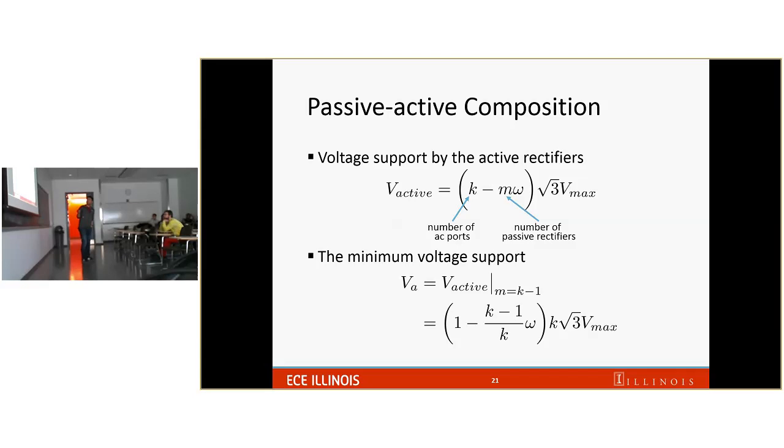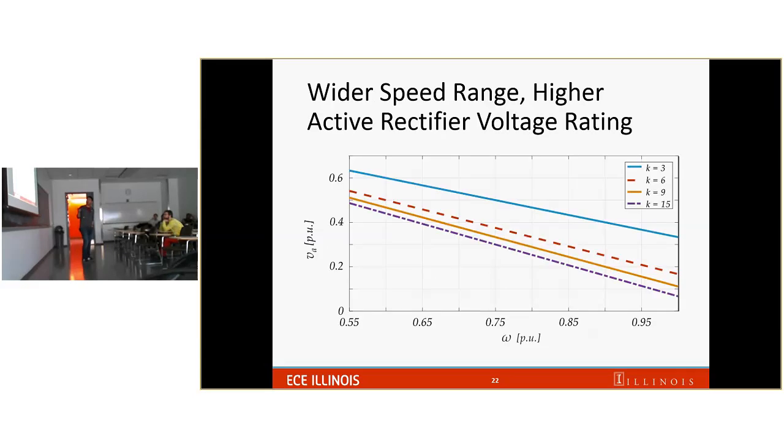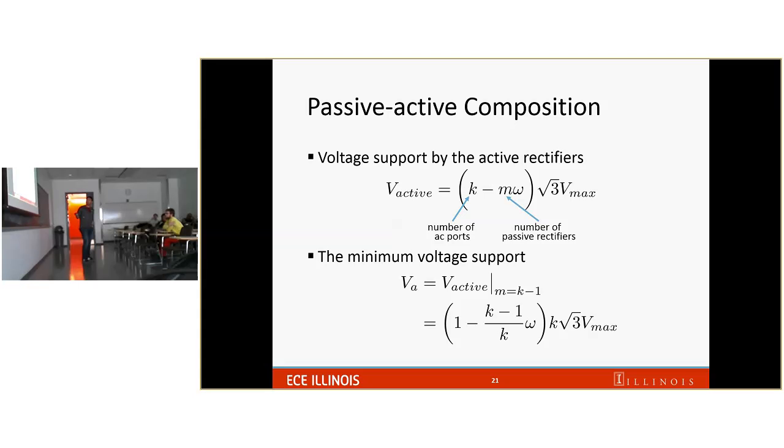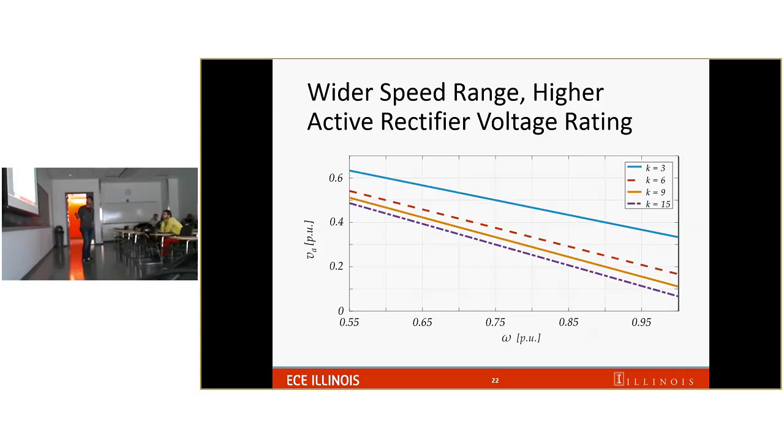So the next slide, we will investigate the dependency of this equation with respect to omega. The takeaway here is if you want to operate at a wider speed range, then more voltage needs to be supported by your active rectifier. So for example, if K equals 3, you have 3 ports.